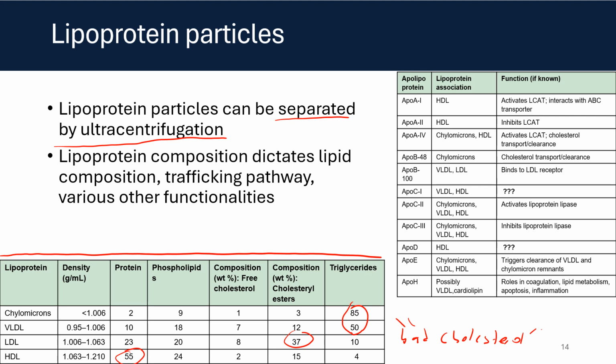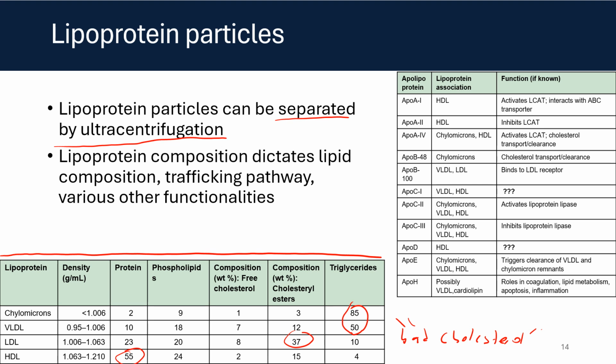These differences are important because these lipoprotein particles have different functions, different destinations across the body. And the instructions on the packaging of these particles, the postage, so to speak, is actually the apolipoproteins that help form them.